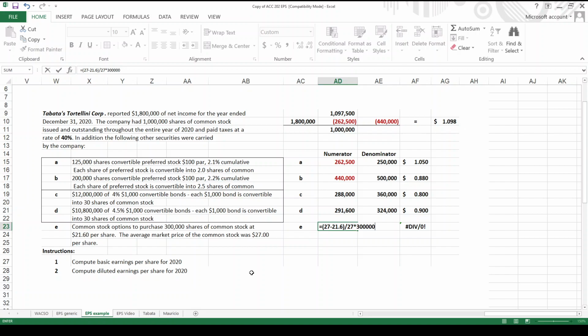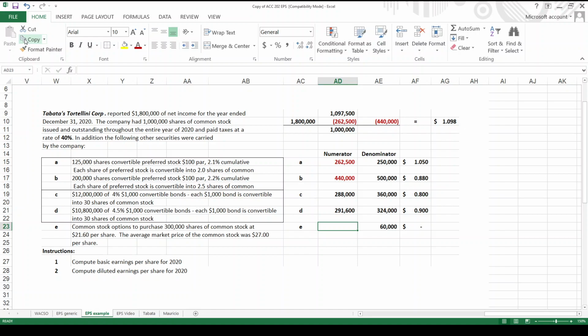We get a number, and the number is 60,000. There's no numerator adjustment, so this comes out to 0. Now, if you have an exercise price that's less than the market price, it's automatically going to be dilutive because your numerator is 0. So 0 divided by a number is equal to, you guessed it, 0.